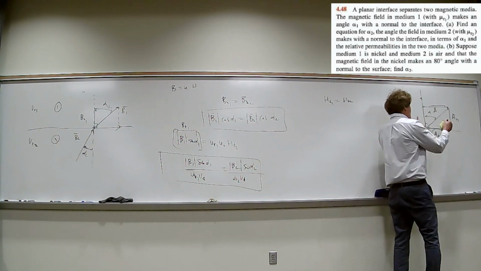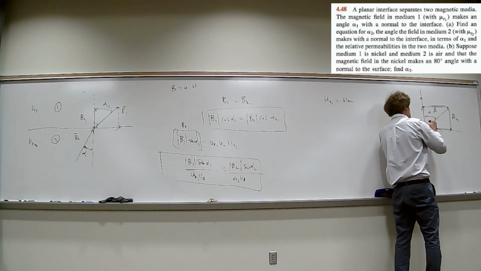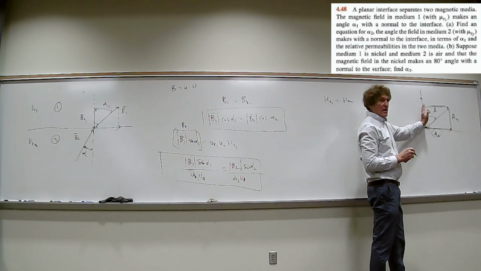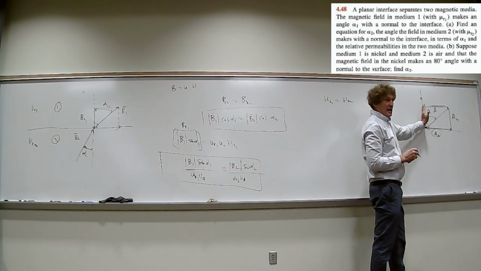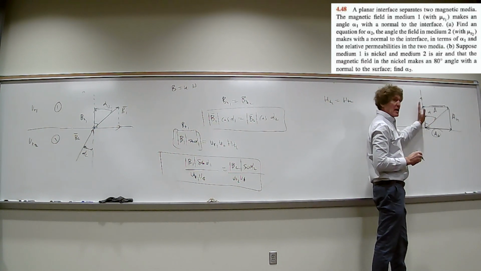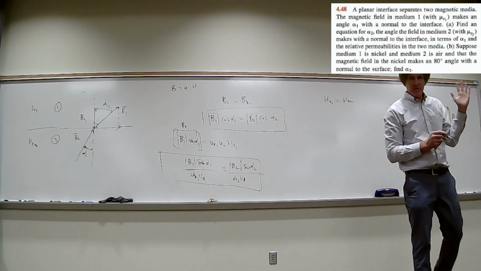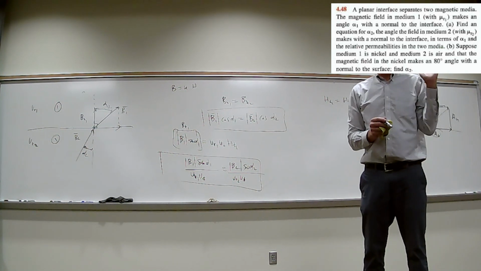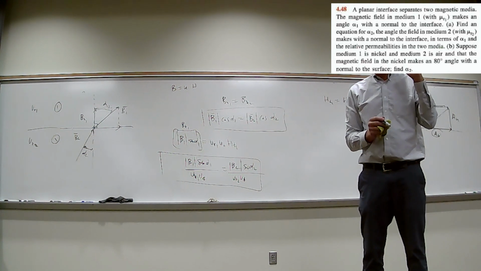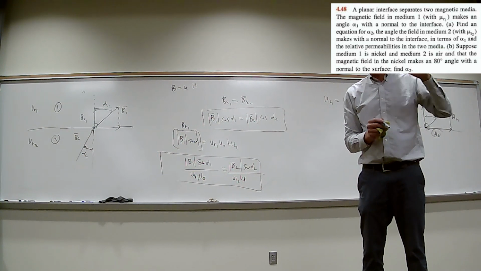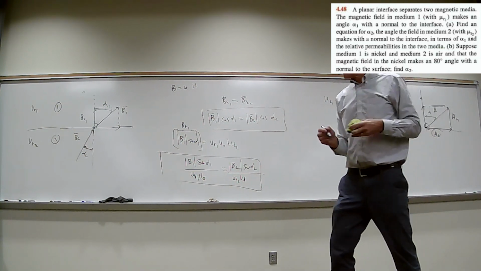If I wanted the value of this right here, it would be the cosine of alpha times the magnitude of A, whatever A is, right? That's what I'm doing there. That's all, just taking projections. Cosine alpha times whatever the value is gives me the actual normal. The sine of alpha times the magnitude gives me the tangent. Did you all follow me in this class? That's all it is.